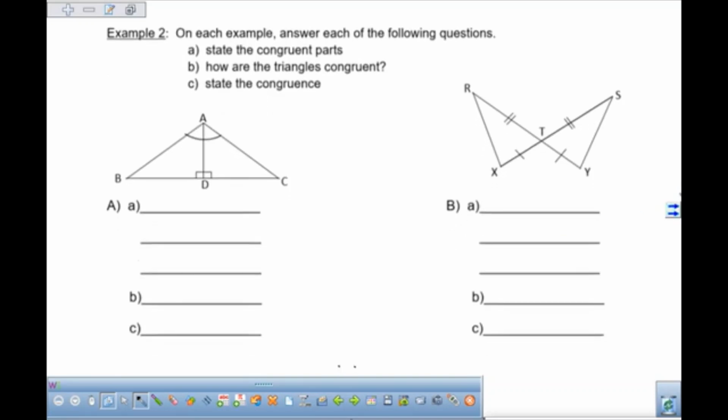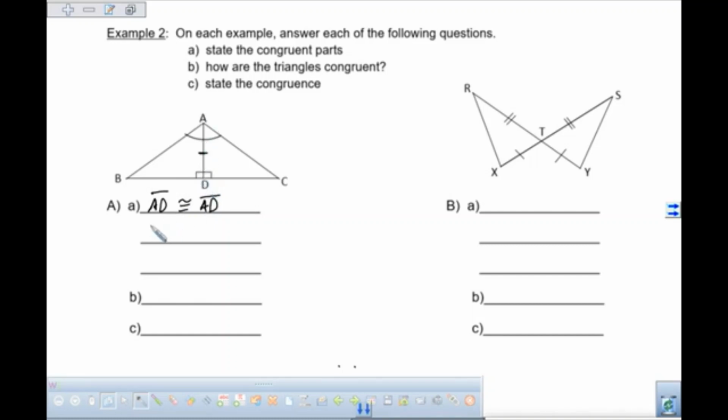Next up, we want to name all of the congruent parts. First off, we're going to mark that side that's shared between them, and that is segment AD is congruent to segment AD. It's congruent to itself. And then we need our right angles.